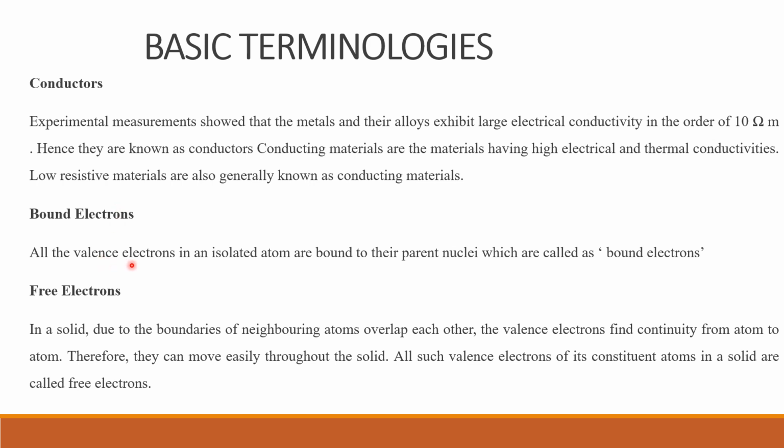Bound electrons are the electrons which are bound to the parent nucleus. They have a strong bonding and they are very near to the nuclei. Whereas the free electrons are far away from the parent nuclei, and they can move easily throughout the solid when they are detached. And when they are free to move, they are called free electrons.